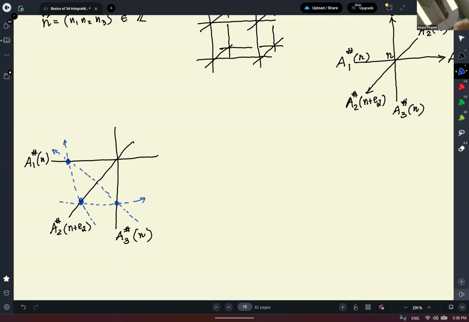So they are 1, 2, and then 3. Auxiliary variables belong to the blue dotted edges. Here we have psi 3, here we have psi 3 prime, here we have psi 1, here we have psi 1 prime, and so on.